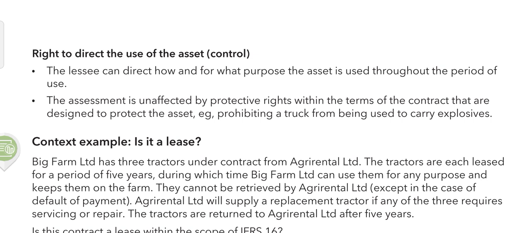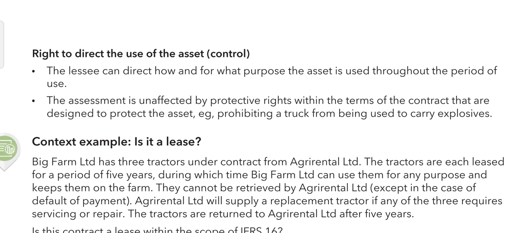Example, prohibiting a truck from being used to carry explosives. If the lessee gets the right to use a truck, but carries explosive items on the truck, then it cannot be a lease.